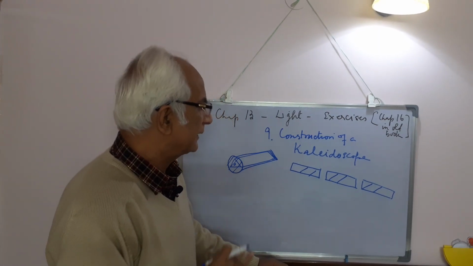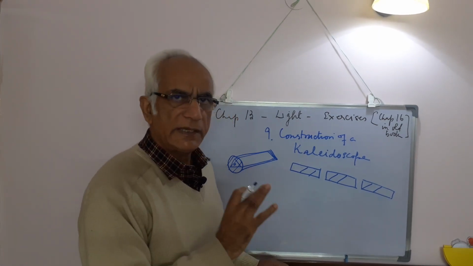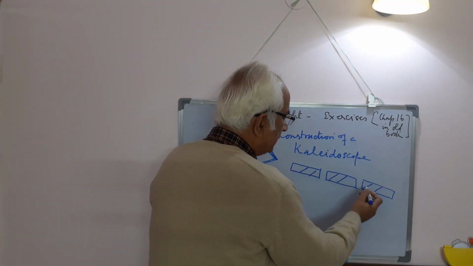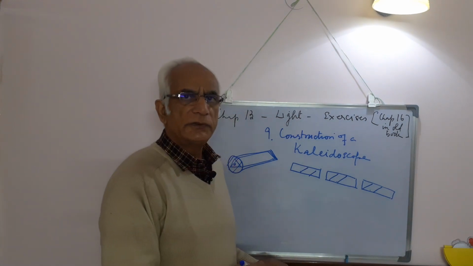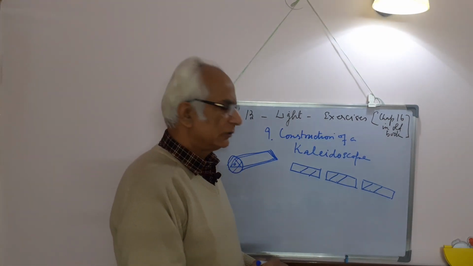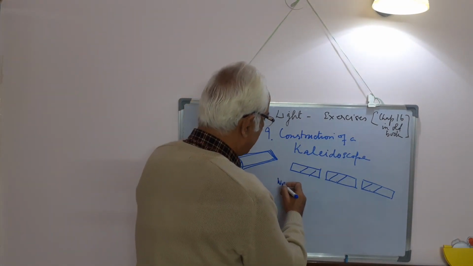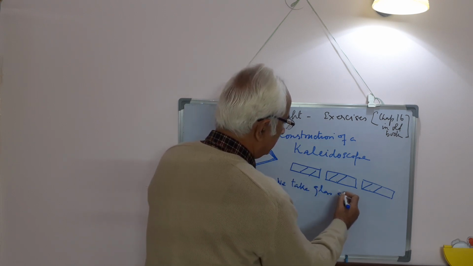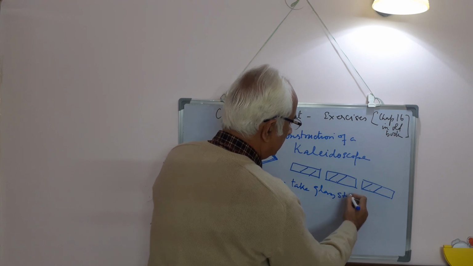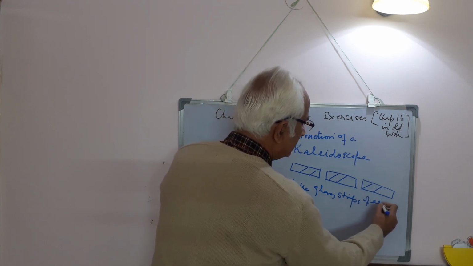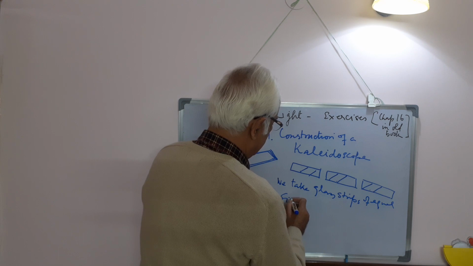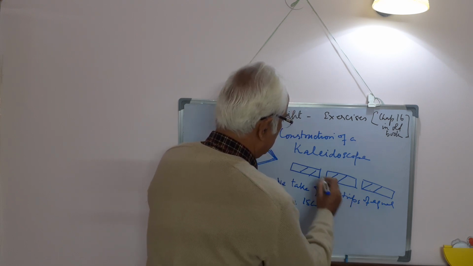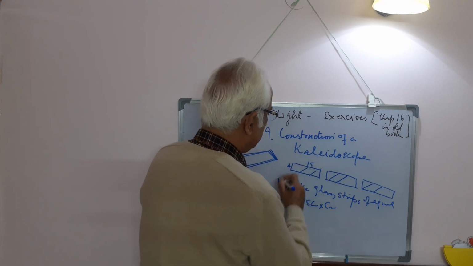So how do we make it? We take 3 glass strips of equal size, say 15 centimeter by 4 centimeter.